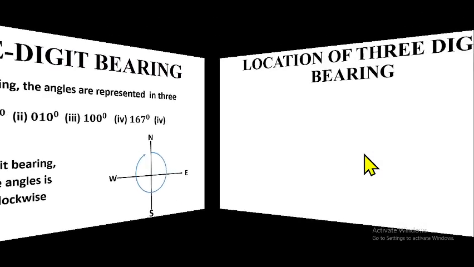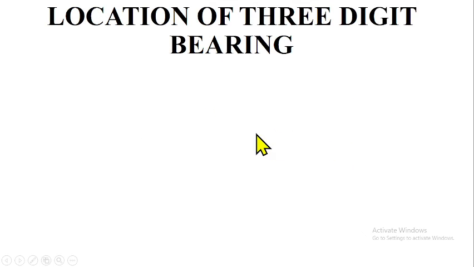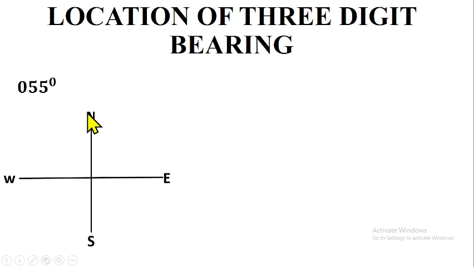Now let's see how we can locate 3-digit bearing. For example, I have 55 degrees to be located. Of course, I will draw my cardinal point as well. Another thing I want you to know is that in 3-digit bearing, the starting point is only north. So from north to east is 90 degrees, from east to south is also 90.